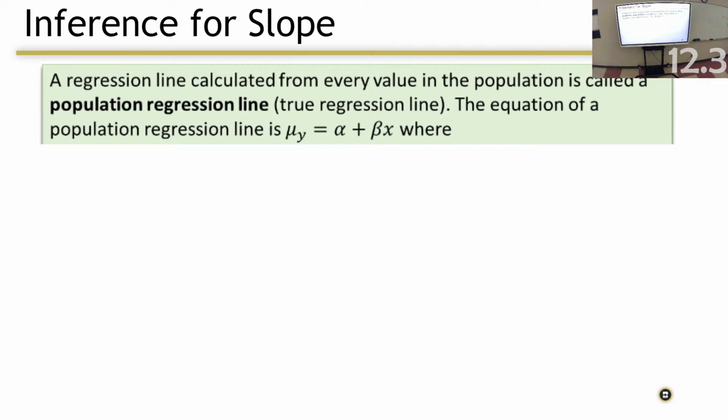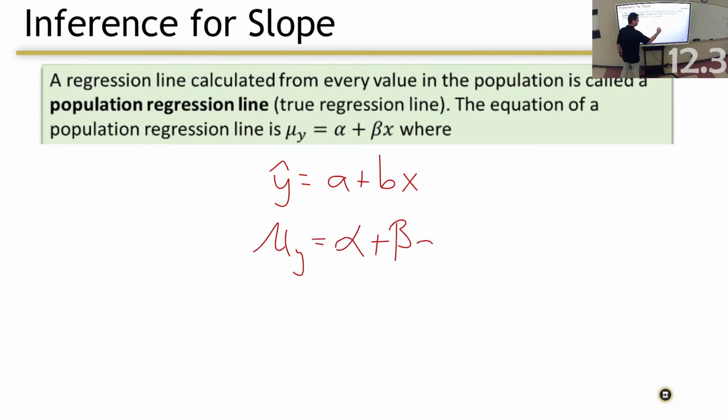Well, we have the population one. And so the population one, instead of y hat equals a plus bx, they're going to turn it into mu sub y is equal to alpha plus beta x. Okay, so kind of see my notation with that.